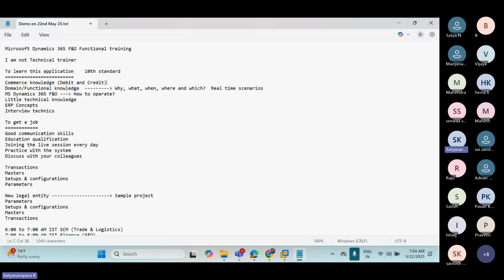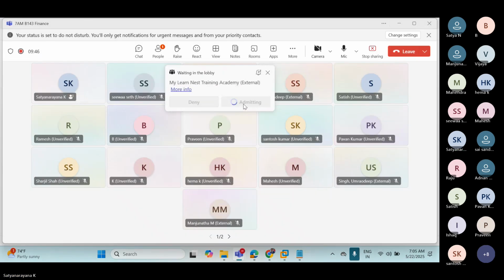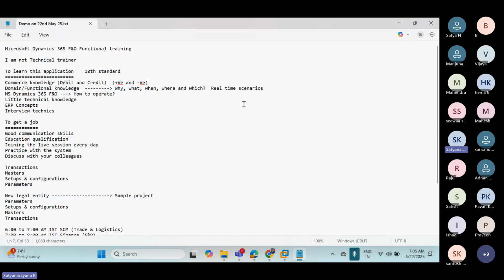So suppose you have completed your 10th standard. How can you know debit and credit? You don't know. Then if you learn positive and negative, if you know this, that is more than enough. If you don't know debit and credit, no problem.